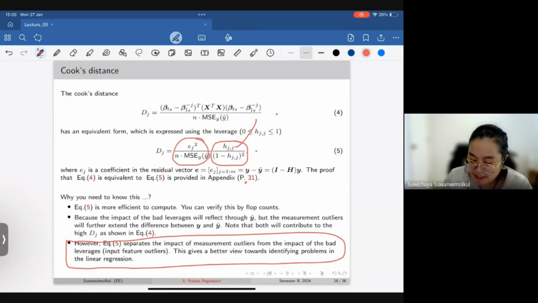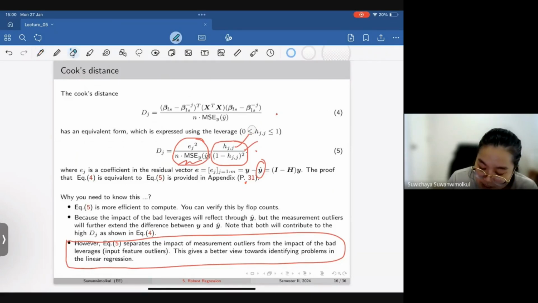So it helps you separate the impact between both sides. The one here is something around how far your prediction y hat deviates from the measurements. Meanwhile, the second term is something around how bad the input samples are. Just that.